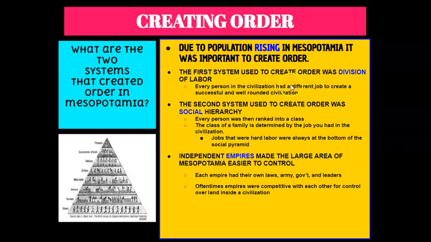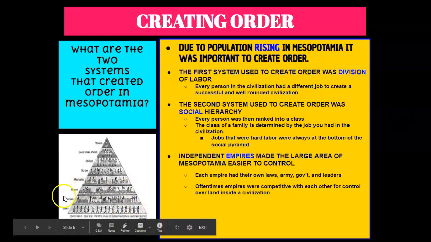The second system that was used to create order is called a social hierarchy. And what that is, is that every person was ranked into a class. The class of a family is determined by the job that you had in the civilization. And the job you had determined how much money and how much power you had. The jobs that were hard labor are always at the bottom of the social pyramid.